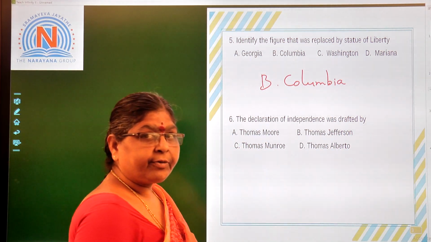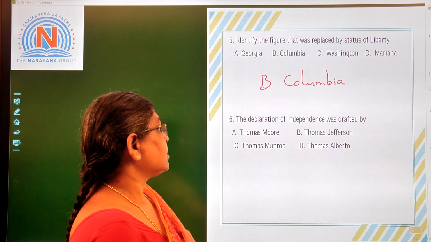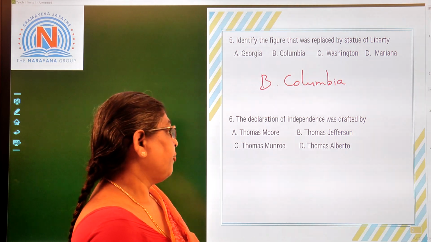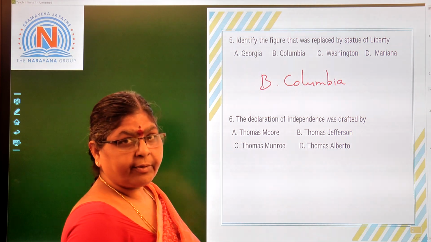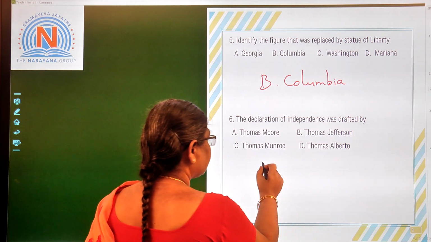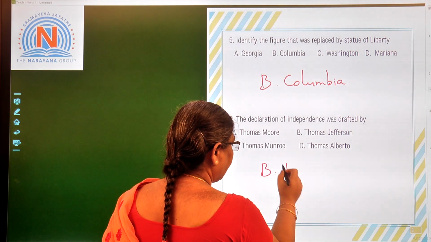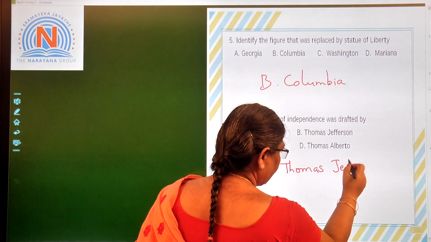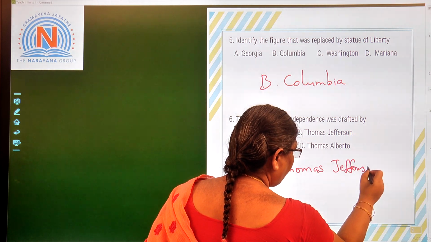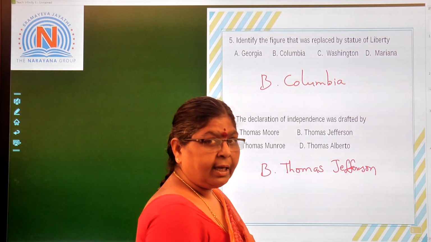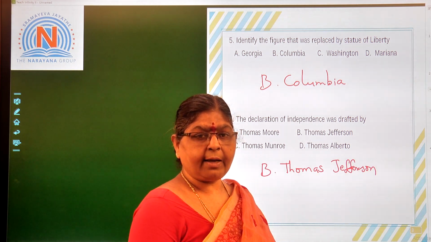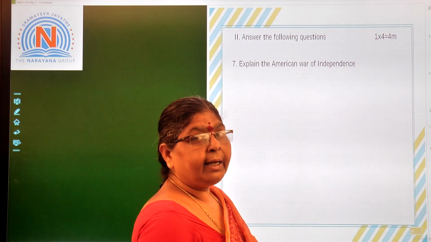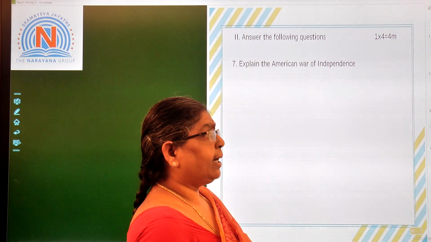The Declaration of Independence of America was drafted by whom? It was drafted by Thomas Jefferson. He identified that men were born free and have certain natural rights. All these things were explained by Thomas Jefferson, and he declared the draft of the independence of America.